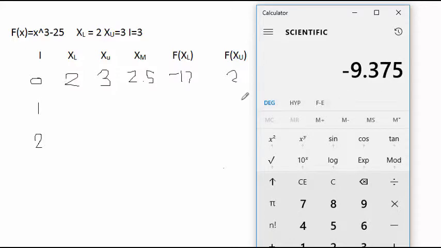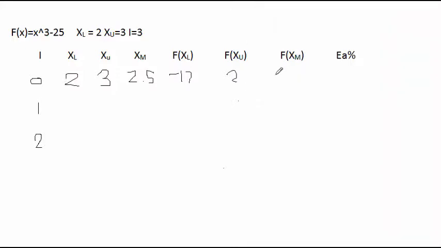Now we have the function of the midpoint of x, negative 9.375. We will leave the approximate error blank because we don't have the previous value of the midpoint of x. Now we will proceed to the first iteration.